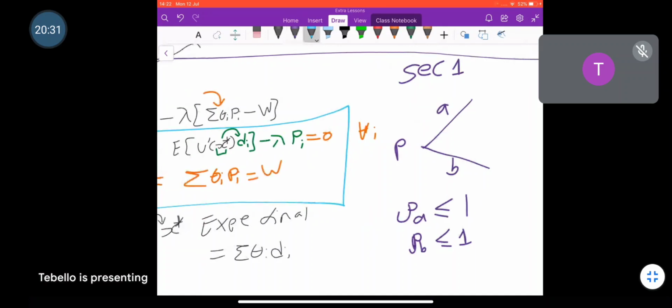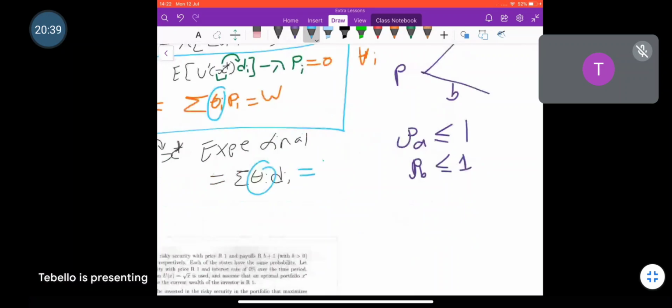These thetas can only be less than 1 when, for example, the sum of theta i times price pi equals your wealth, so the sum of theta i over W times pi equals 1.